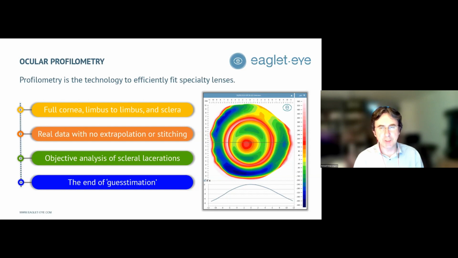And so no stitching is needed to put together the maps. As we will show later in this presentation, it can be really helpful for anomalies like lacerations on the sclera. And the goal, of course, is end of guesstimation, reduction of refits, more customization.